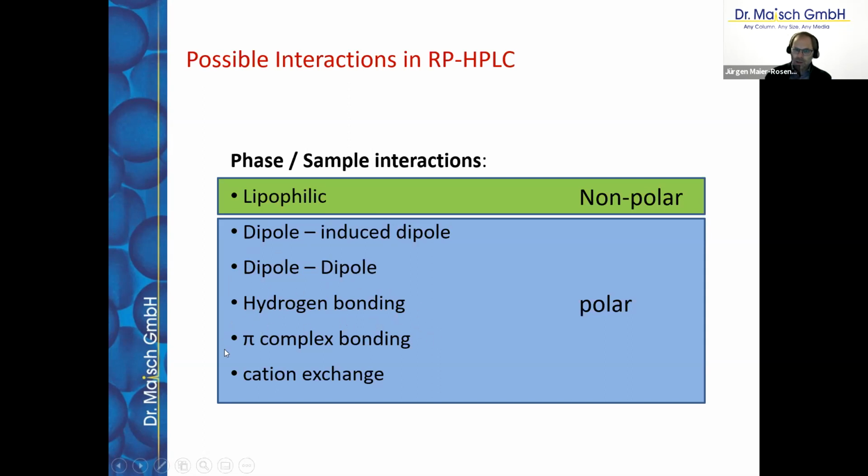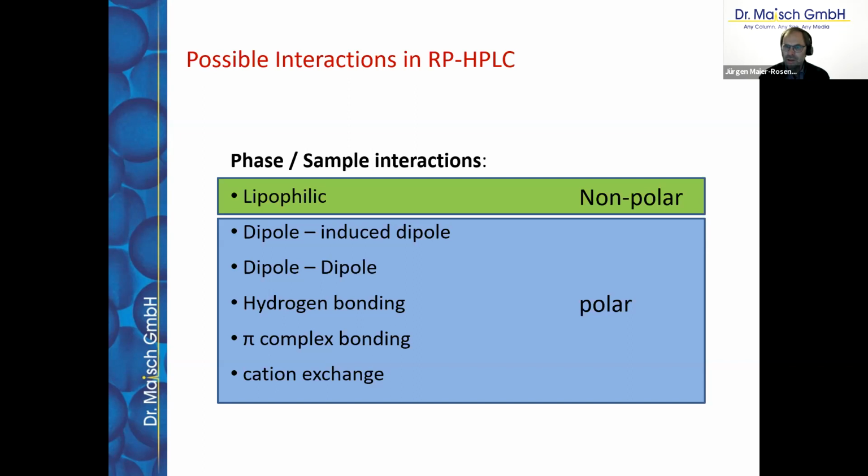What is also becoming more and more important is the p-complex bonding interactions in the phenyl rings or with p electrons, and later on I will speak about that. And lastly we have the cation exchange. So depending on the stationary phase, we always have 6 possible interactions.